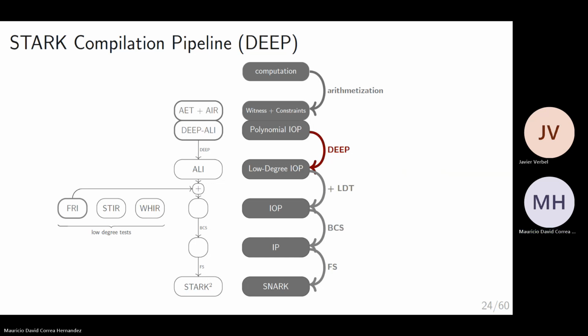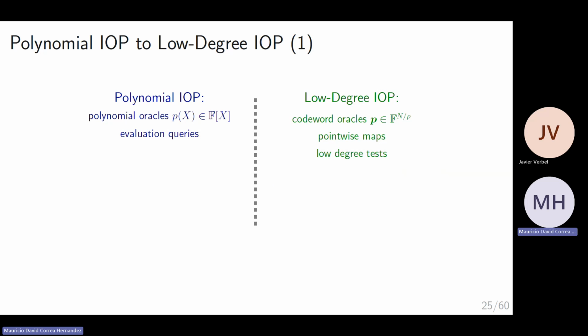So, what is the DEEP trick? Well, the DEEP trick falls out of the principle whereby we strip away superpowers of the verifier. We were operating in the polynomial IOP model, where the prover sends polynomials and the verifier gets to ask what the evaluation of this polynomial is at this point, at that point, and so on.